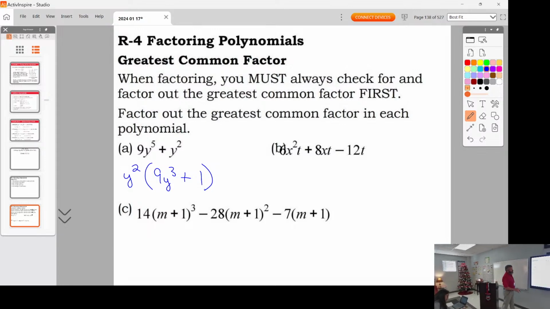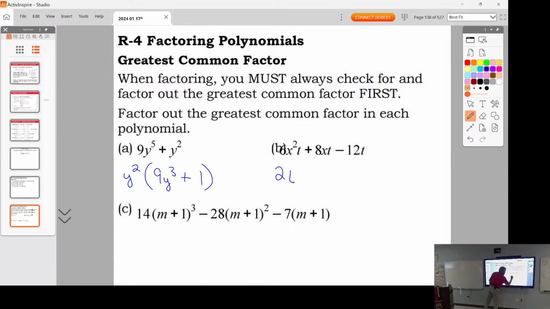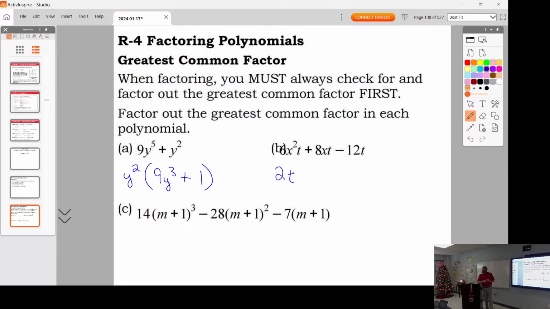The biggest number that goes into 6, 8, and 12 is 2. Do these 3 terms have anything else in common? They all have a t. What is the smallest exponent on the t's? 1. So the greatest common factor of this trinomial is 2t.